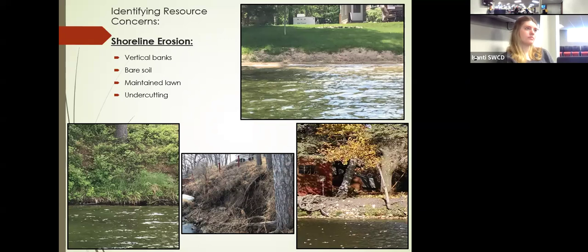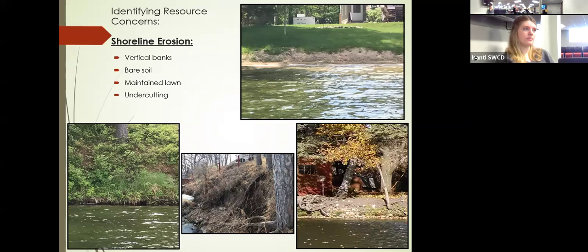Having vegetation is super important. Like I was talking about before, the native deep-rooted plants help create structure and protect the shoreline. You can see in one of those pictures there's undercutting, and that is pretty common with a lot of lakes around here, undercutting from wave action.